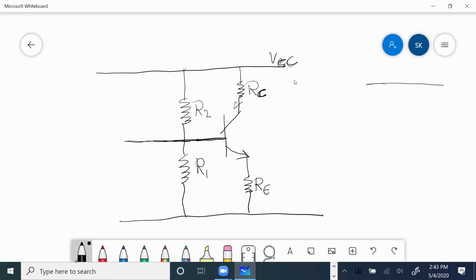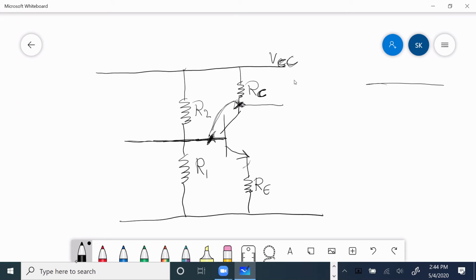The collector-base must be reverse biased, which means the voltage at the collector must be much bigger than the base voltage. And base-emitter must be forward biased, so the voltage at the base must be higher than the emitter voltage. So I put two resistors here, two resistors there.